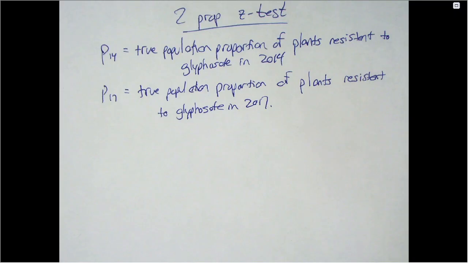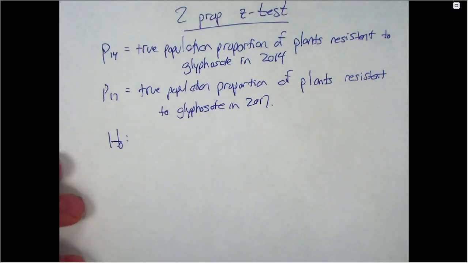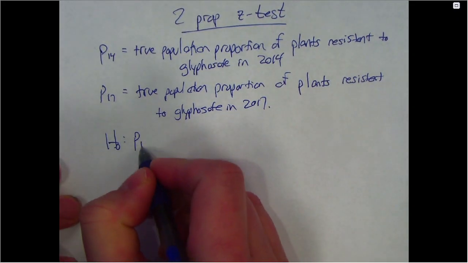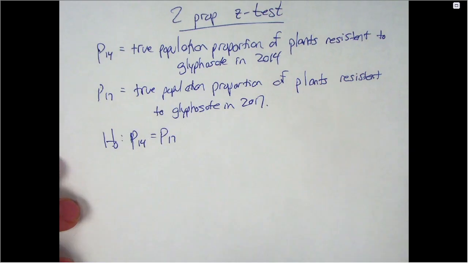Or if you took this equation and moved one side to the other side, it's the same thing. So you can write it either way, it doesn't matter. But when you see a multiple choice question, understand it could be either way. I'm going to do the top one, I think that's more intuitive. So H0 is we're going to start off by assuming that P14 equals P17, or P1 equals P2, or PA equals PB, whatever you decide to do.